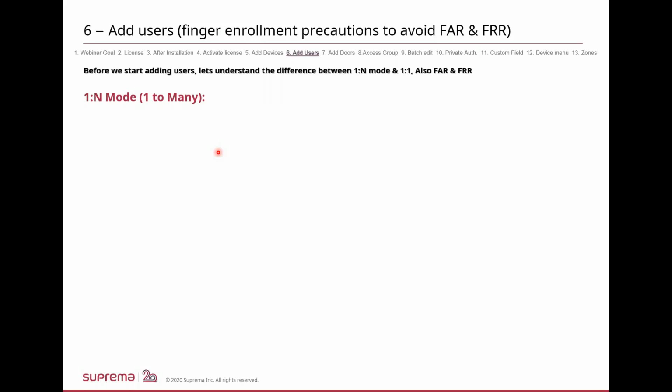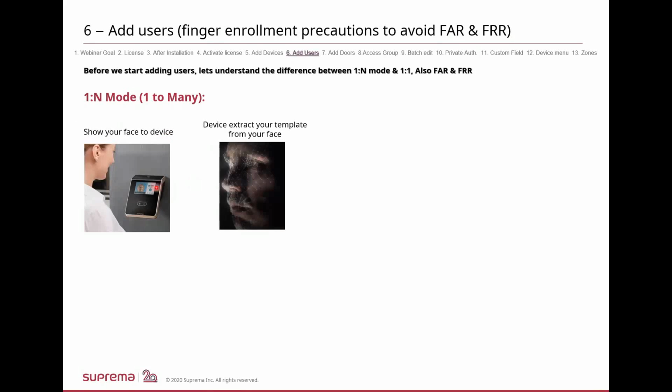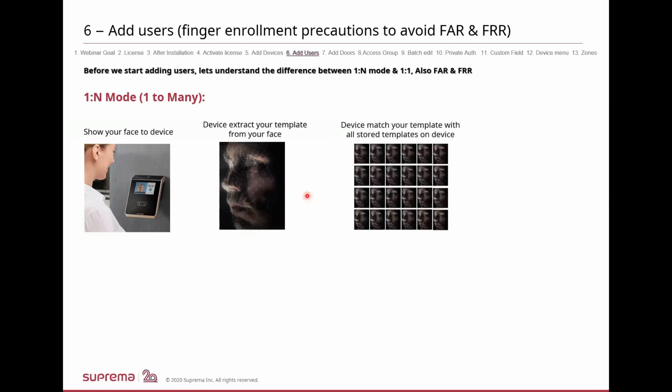So what does one-to-N mean? Let's say that you have a face station device and you just go to the device without touching it and show your face to the device. What's happening? The device, with the cameras and the algorithm, is capturing your face and taking your template. After the device takes your template, it does a matching with every single template on the device.